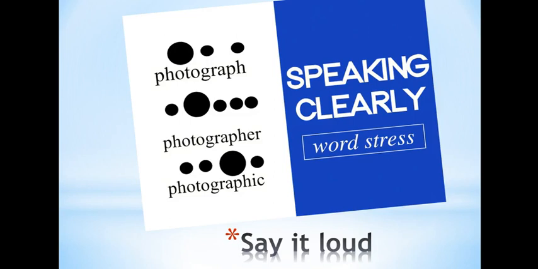Ketika salah menempatkan stress word, itu akan berakibat pada terjadinya zero meaning. Apa yang dibilang zero meaning? Itu katanya tidak ada artinya sama sekali. Atau yang kedua, when you put incorrect stress position, it will create another meaning. Jadi akan meng-create arti yang lain. Gitu ya. Jadi be careful with the stress word.